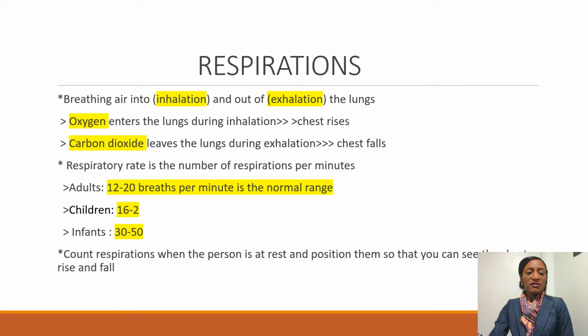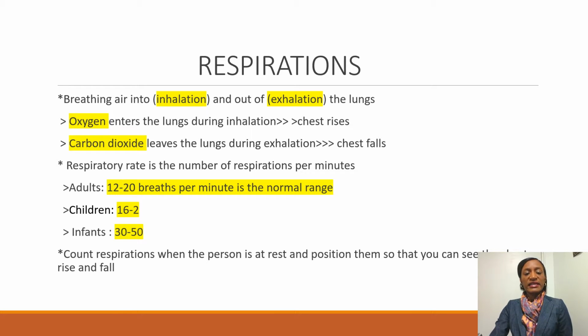Respirations. Respirations is defined as the breathing of air into and out of the lungs. Inhalation is described as breathing in air, and exhalation is breathing out. Oxygen enters the lungs during inhalation, and during this process you will see the chest rise.